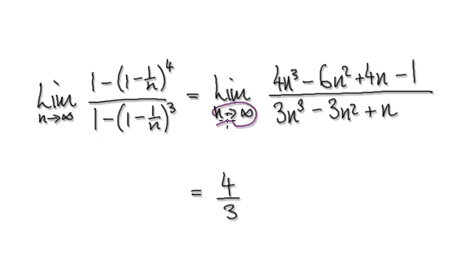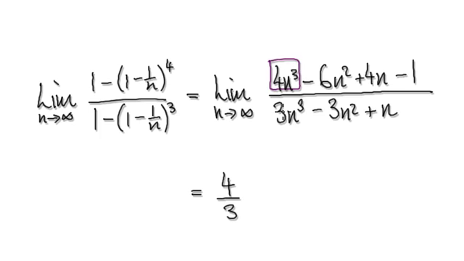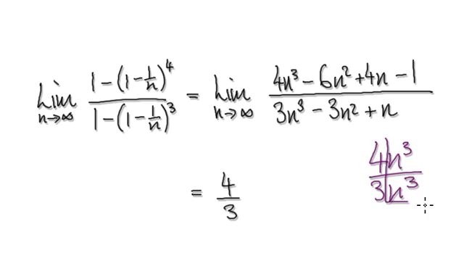The point is, as n tends to infinity, this term is negligible, and this thing here is negligible. So this term's going to dominate, this term's going to dominate. You can pretty much ignore these. So it really boils down to this and this.